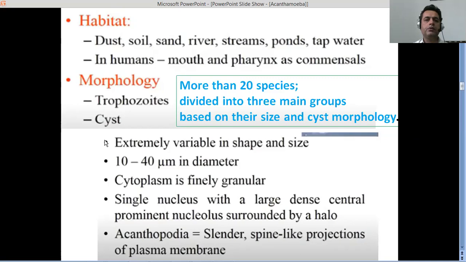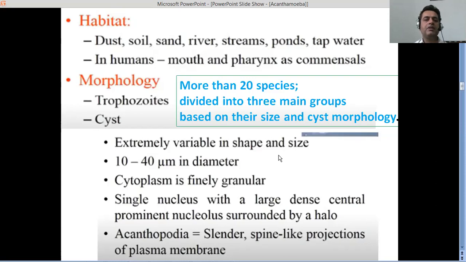So as far as the trophozoite is concerned, the trophozoite also is extremely variable in shape and size. There is no particular shape, or you cannot say that it has a single shape, or that you can just say it's round or cuboidal or some other shape.